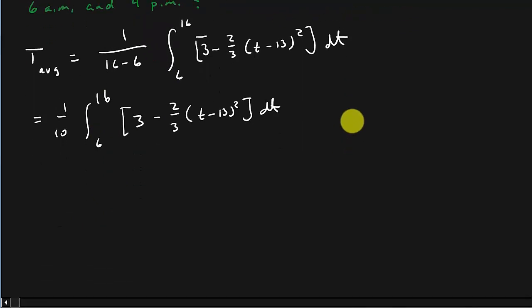Now notice how we have something in parentheses raised to a power. We could use substitution. Yes, if you wanted to, you could write this as (t minus 13) times (t minus 13), fold that out, distribute the 2/3, and integrate each one individually.